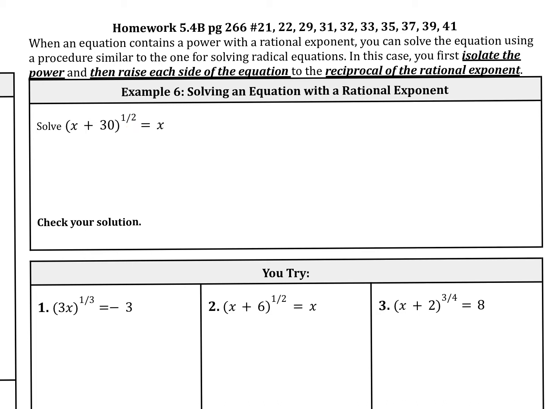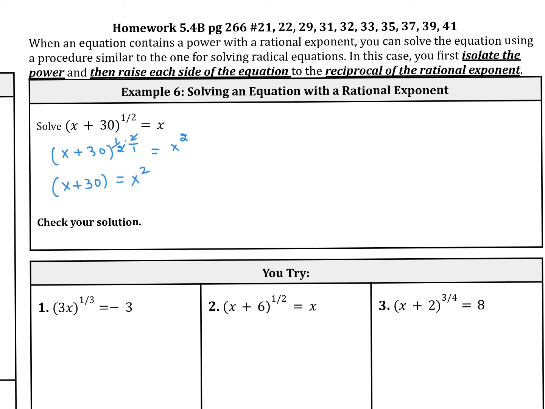So we are going to raise both sides to the power 2 over 1, or just 2, so that you can cancel this and get the expression x plus 30 out of the radical symbol.